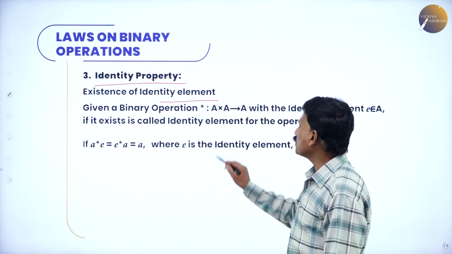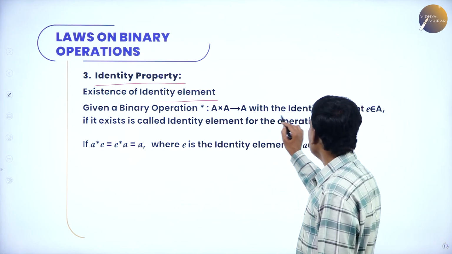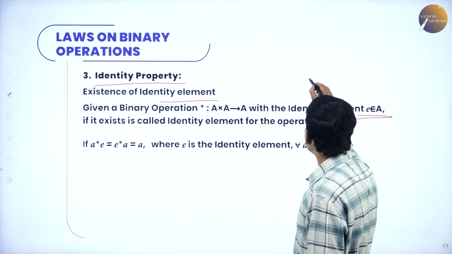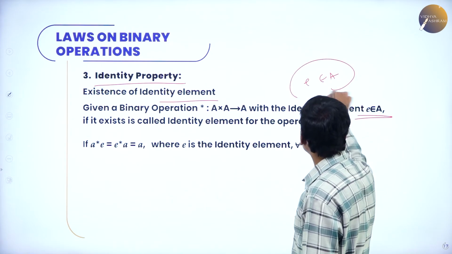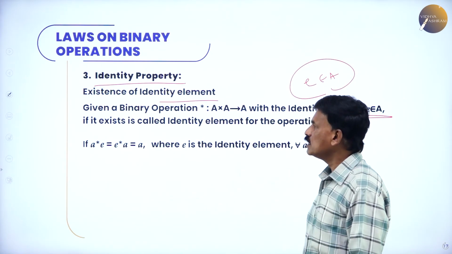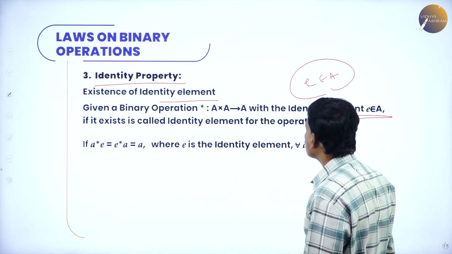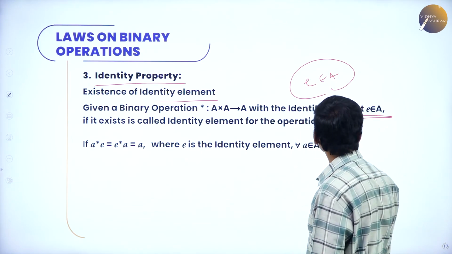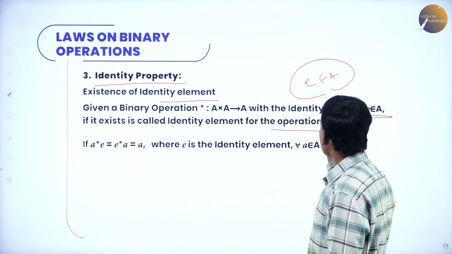Given a binary operation star from A cross A to A, an element E which belongs to A, if it exists, is called an identity element on the operation star.